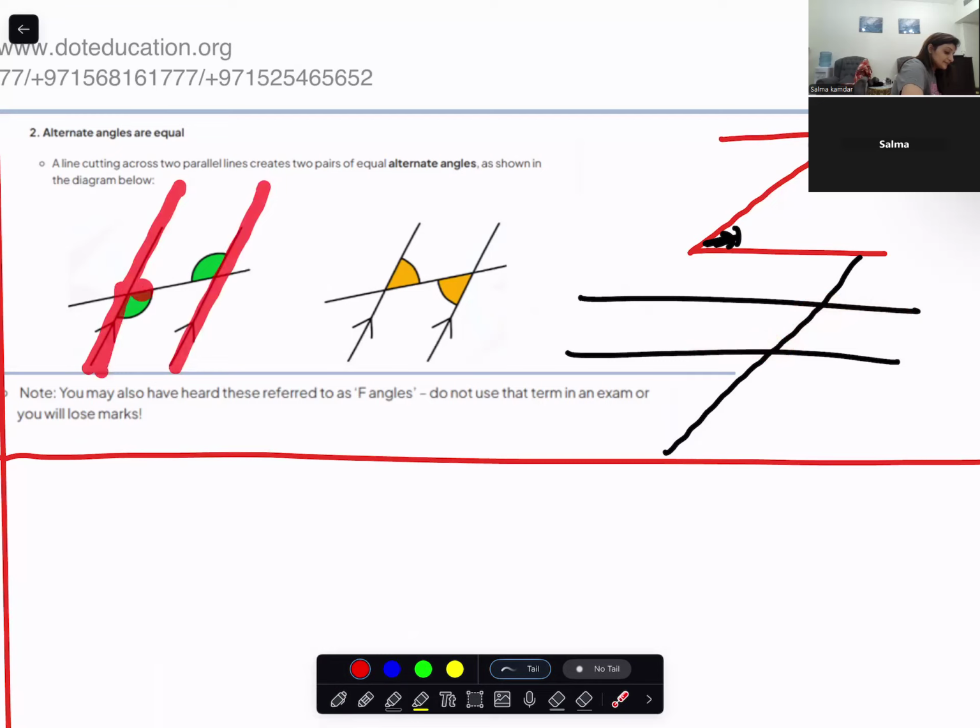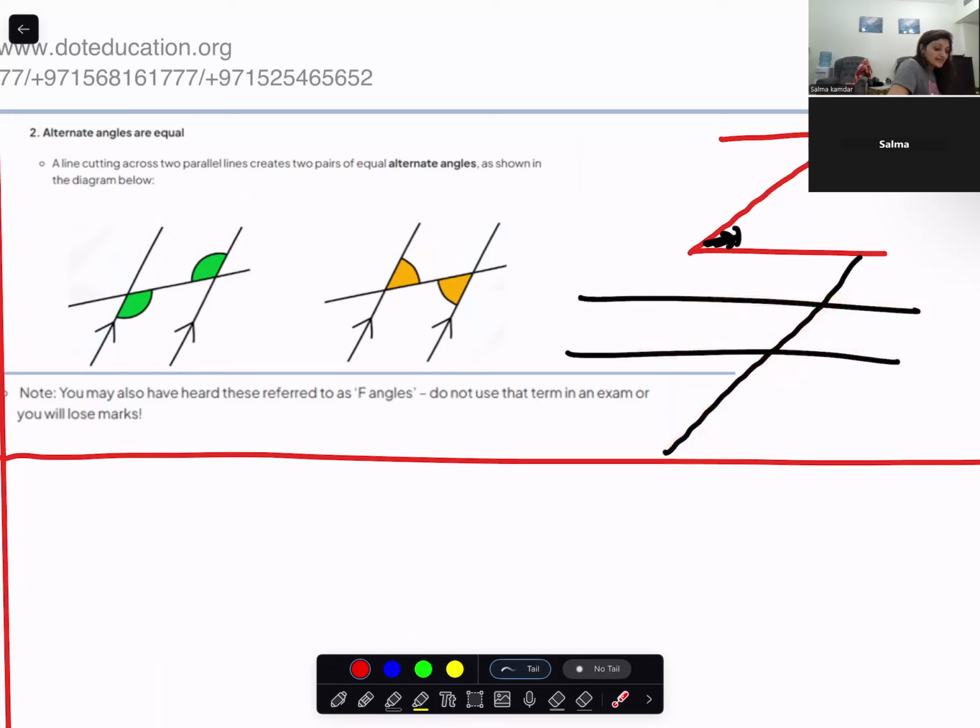You can see a Z, alternate angles equal. Can you see any other thing over here? I can see an F. Which angles? Corresponding angles equal. So Z shape angles are called alternate angles.